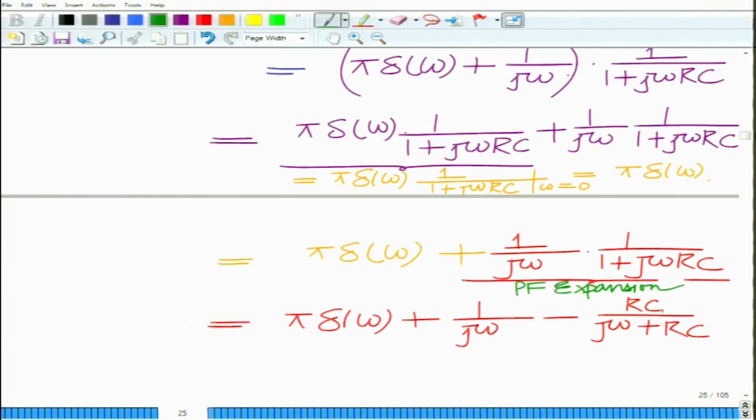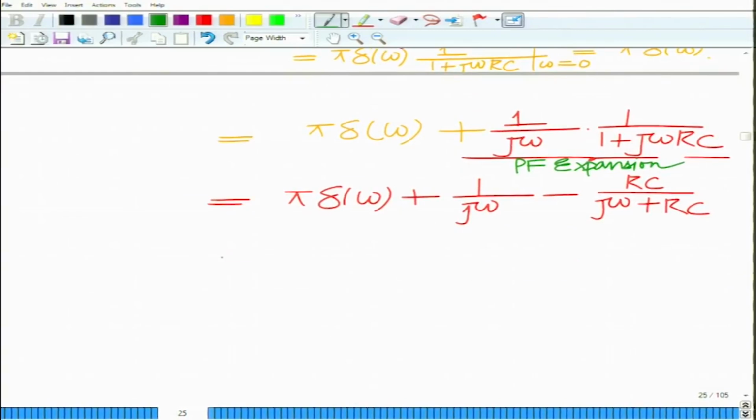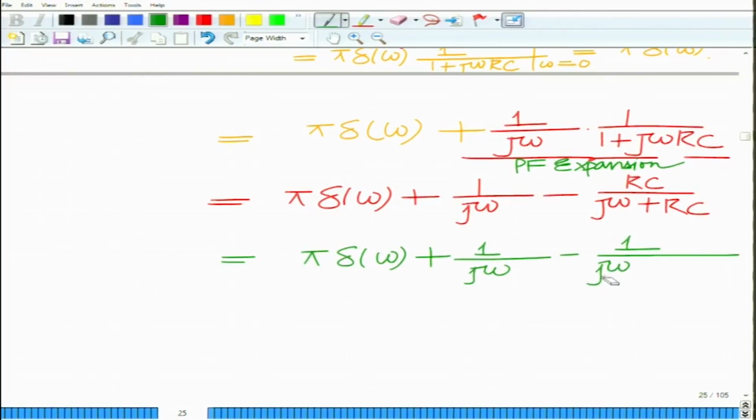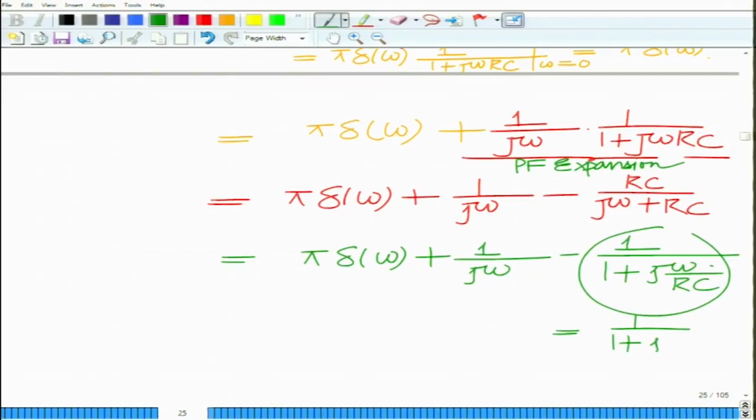So, this is 1 over j omega minus RC over j omega RC plus 1, which is basically pi of delta omega plus 1 over j omega minus 1 over, now I will bring the RC in the numerator to the denominator, that will give me 1 plus j omega divided by RC. Now, I can also write this quantity as 1 over 1 plus j omega divided by omega naught.